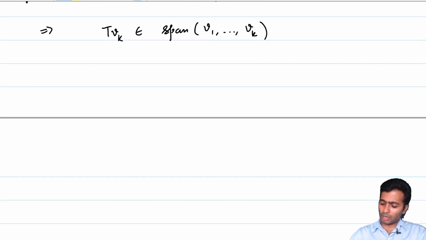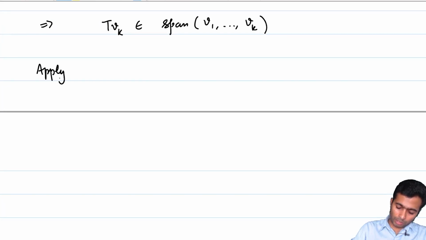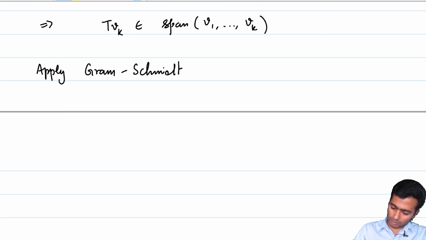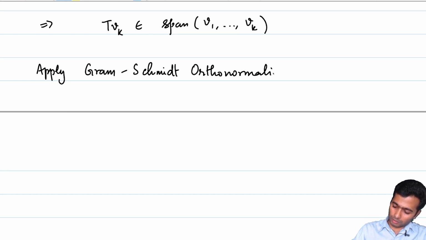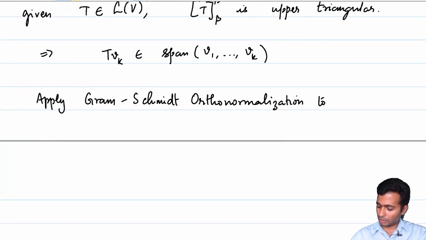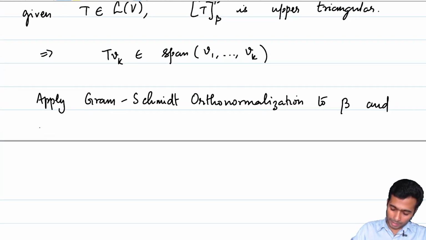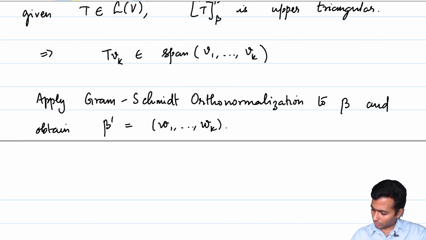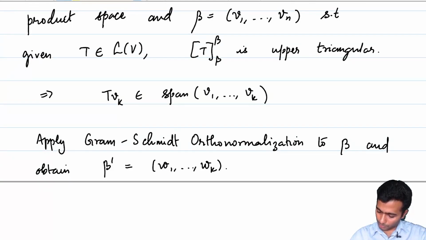Now let's apply Gram-Schmidt orthonormalization to the basis beta and obtain beta prime, which is equal to W1 to Wn.